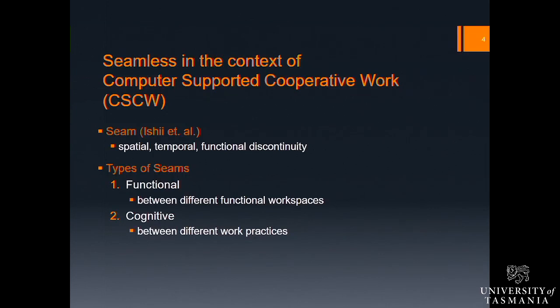There are generally two types. The first is functional, the second is cognitive. Functional seams are between different functional workspaces, and cognitive seams are between different work practices that require different understanding of the working models.